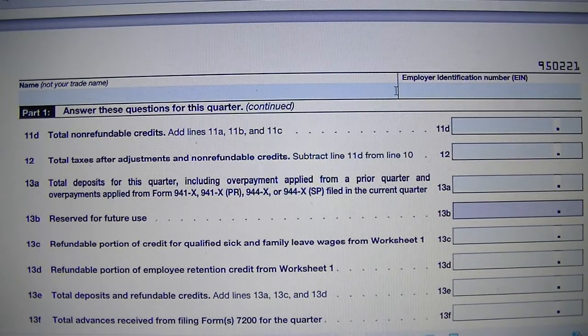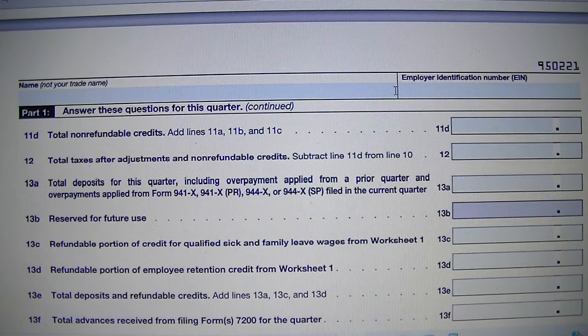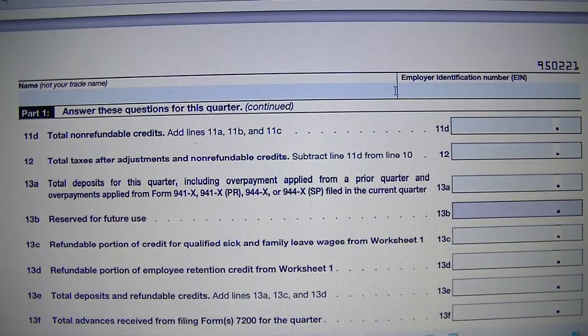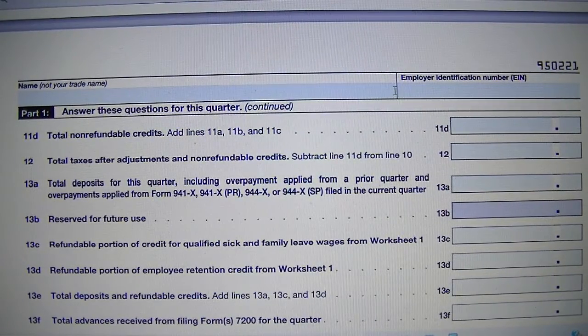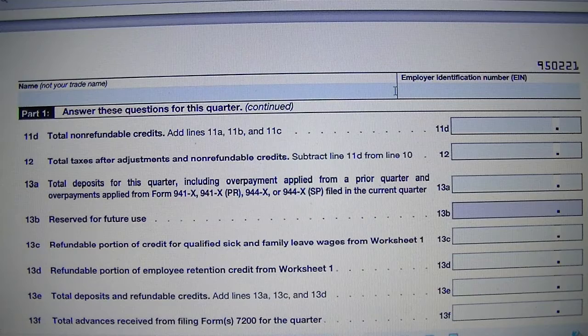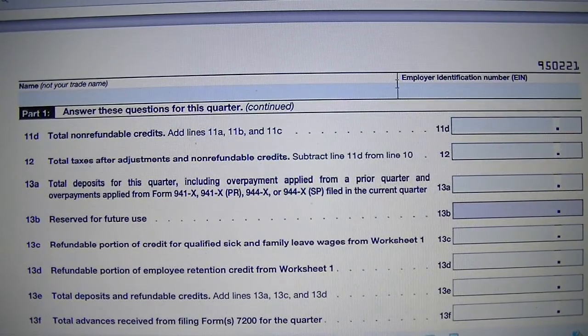You will get an EIN if you have employees. If you are a sole proprietor, you are the only one working in your business; you are not an employee of your business. If you are an LLC, you are not an employee of your business if you are the owner. But if you are an LLC taxed as an S corp, you are an employee of your business, and you should have an EIN.